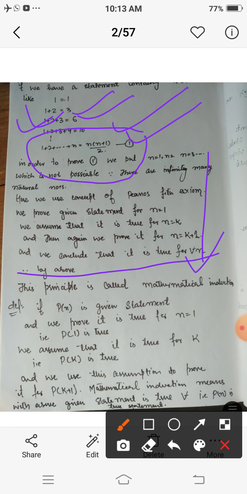It is simply this: if a given statement is denoted by p of n, and we prove this statement for p of 1, and we assume that it is true for k, and we again prove the given statement for k plus 1. When p of k plus 1 is also true, then we conclude that the given statement p of n is true for each and every n. This principle is called the principle of mathematical induction.